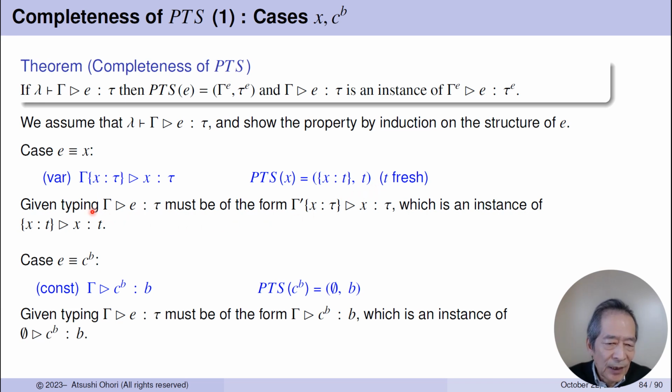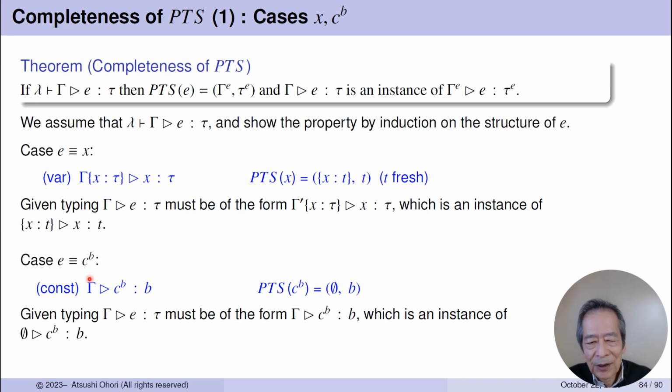But in this case, the chosen given typing must be derived by this rule, and therefore must be of this shape. Any typing of this shape is an instance of this typing, the result of PTS, right? So we have done this case.